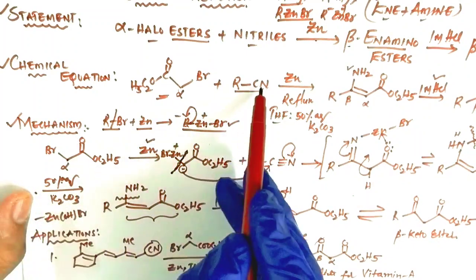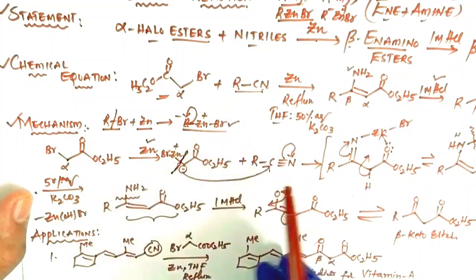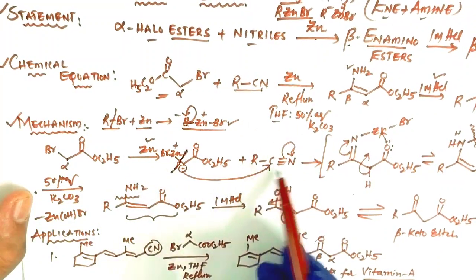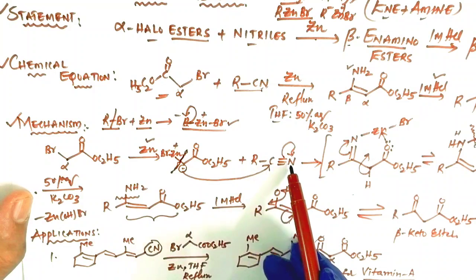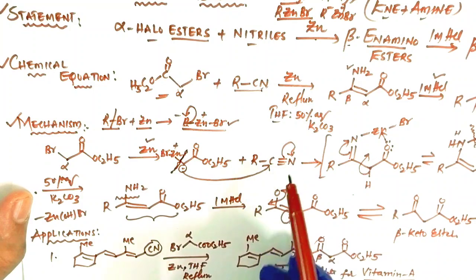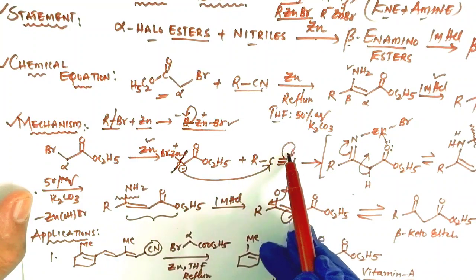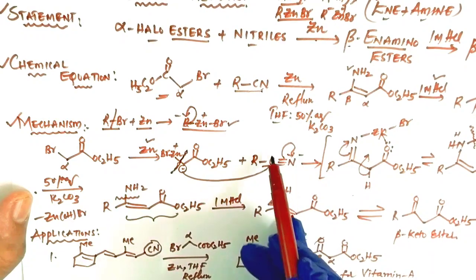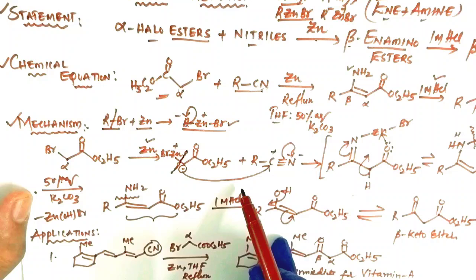Okay, what is the general representation of nitrile? RCN, R-C triple bond N. If you see this particular moiety, comparing with carbon, nitrogen is more electronegative, right? So these pi bonding electrons move towards the nitrogen. So nitrogen carries which charge? Minus charge. Carbon carries positive charge.